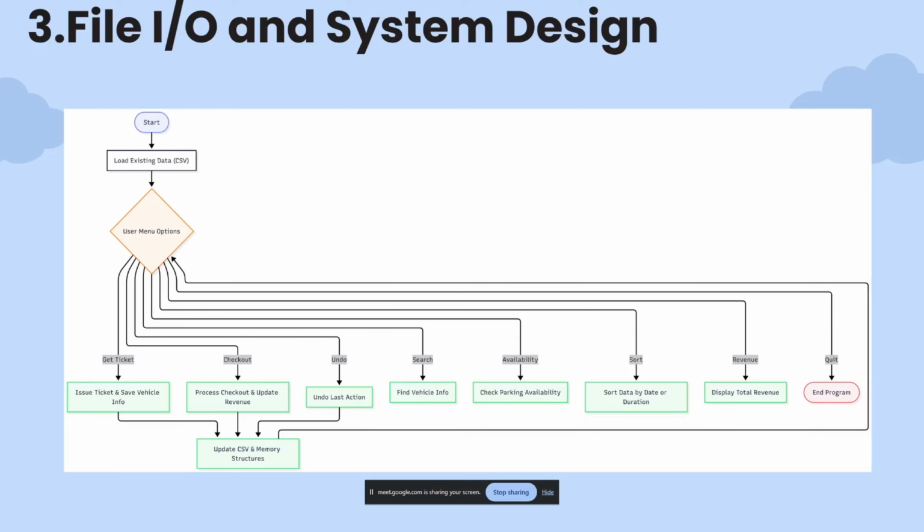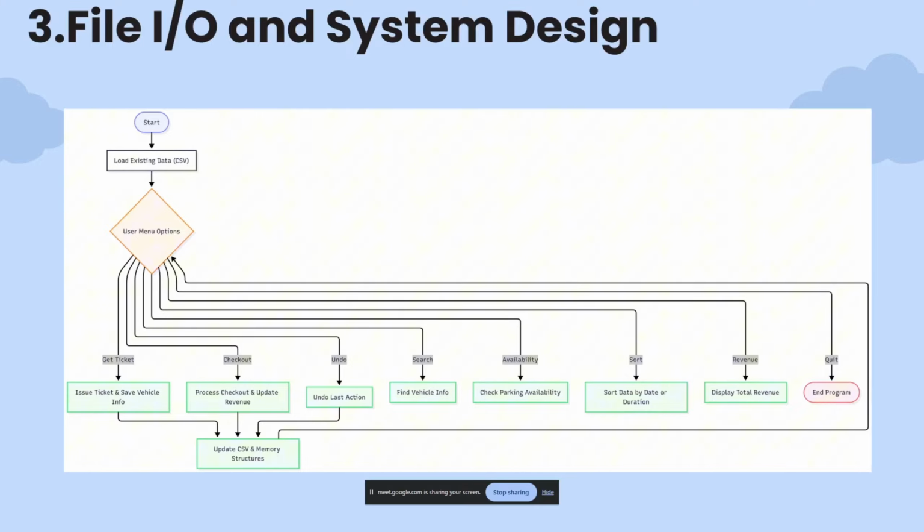So when you get your ticket, you will be asked to input the plate number and vehicle type, and then you will get your ticket if the parking zone is available. If not, you will be asked to go to the waiting list.